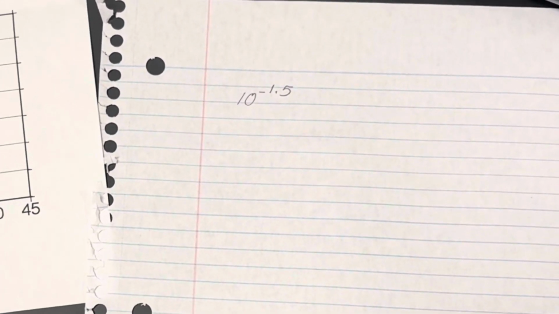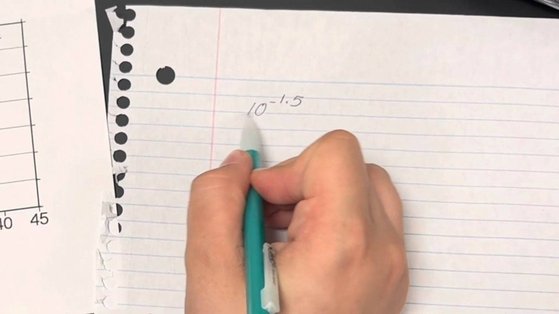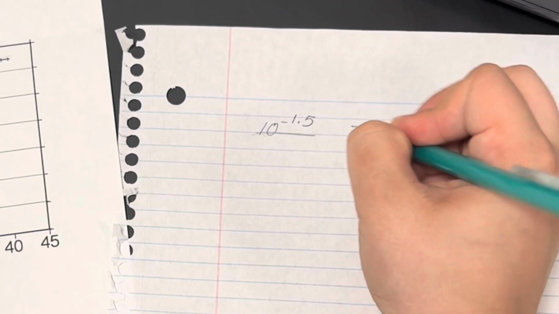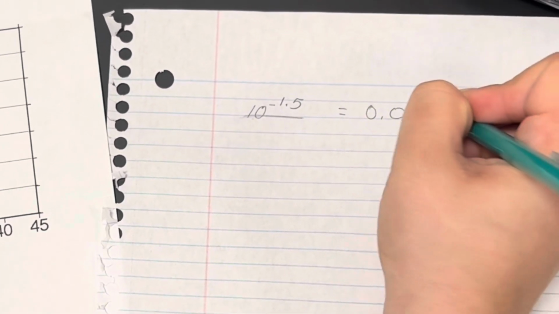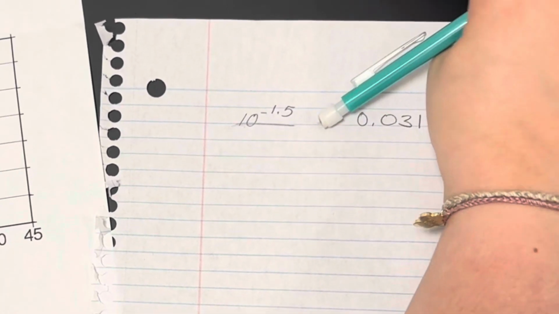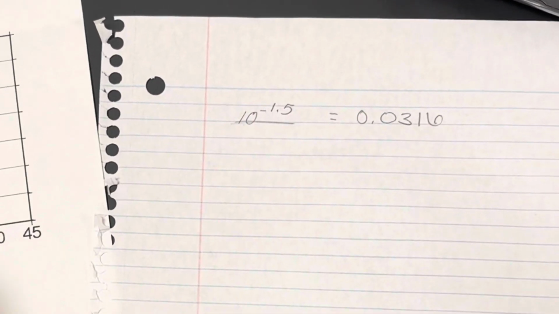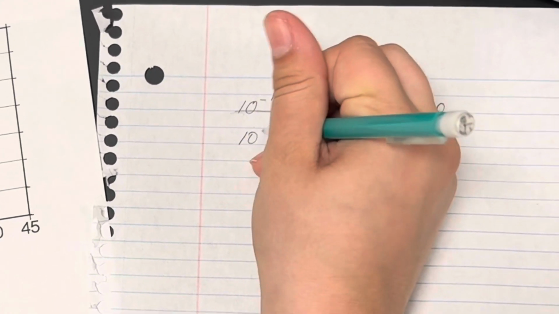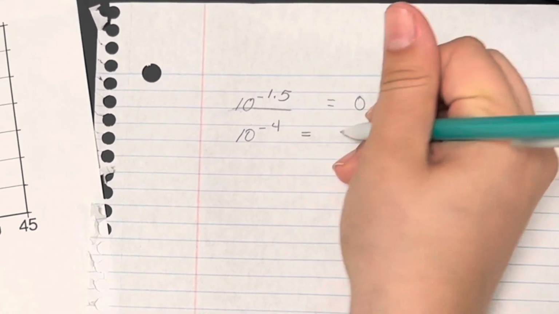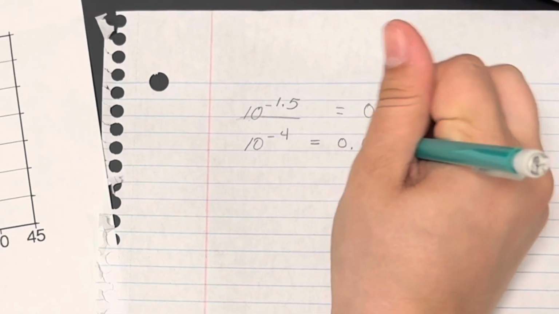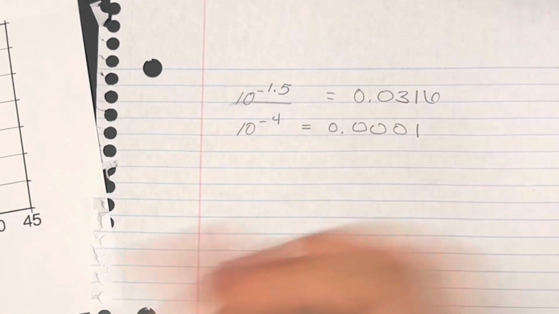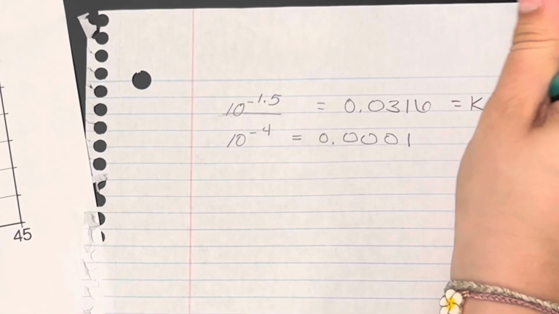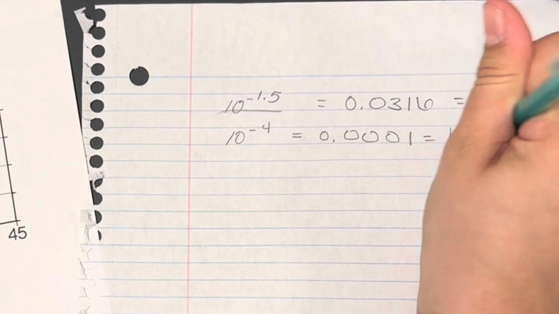And our first pKa, as we know, is 1.5, so our first Ka value gives you a value of 0.0316. And after that, we have our second pKa, where we're going to do 10 to the negative 4, which gives us a value of 0.0001. So these are going to be the answers for your Ka1 value and your Ka2 value.